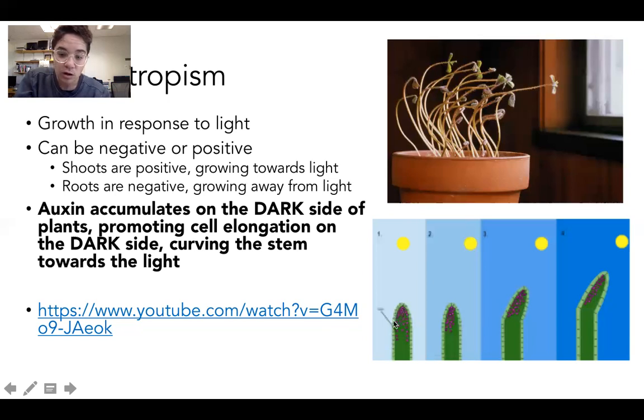So all of these cells right here elongate, and that elongation causes the curving or bending towards the light. And so that is just a pretty general description about how phototropism works. I have a video here that we can watch, hopefully.